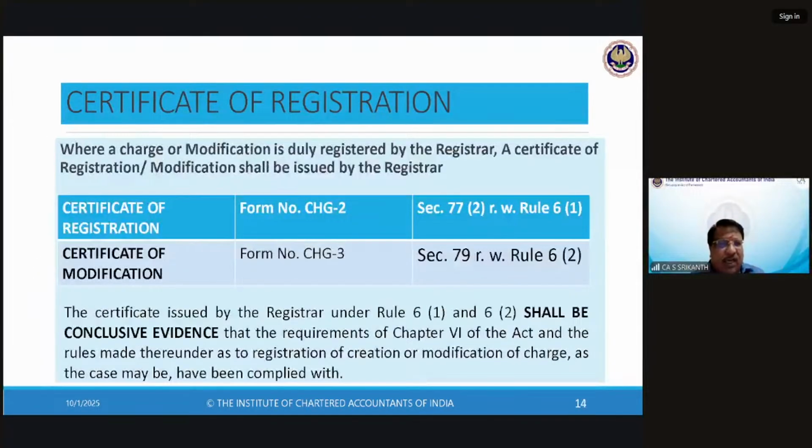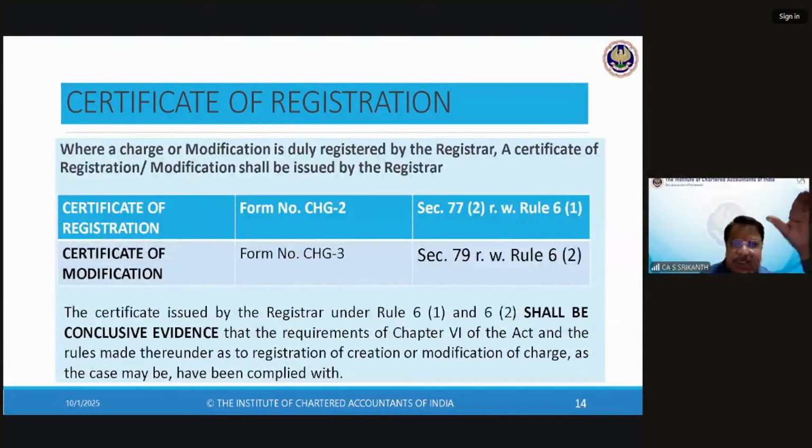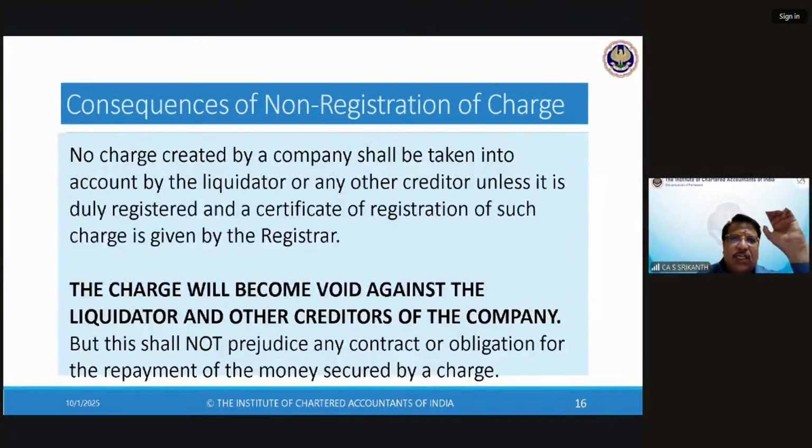And then for the basic certificate of registration of the charge, the first time when you register, the certificate is in CHG2. Whenever you modify the charge, you have to register it, and that is in CHG3. We also saw the consequence of non-registration, which is that the charge will become void against the liquidator and other creditors of the company.